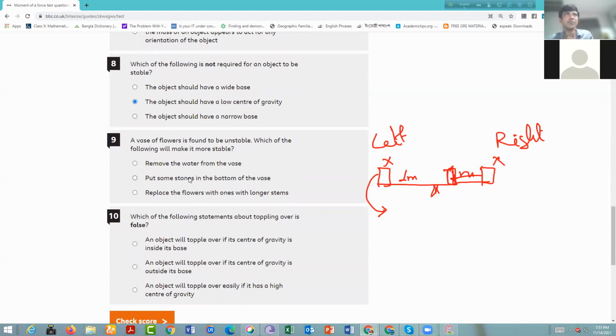Which of the following will make it more stable? Remove the water from the vase, put some stones in the bottom of the vase, or replace the flowers with ones with longer stems. Put some stones in the bottom of the vase. Yes.